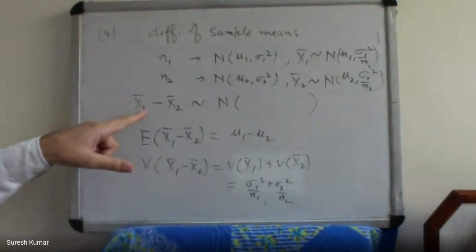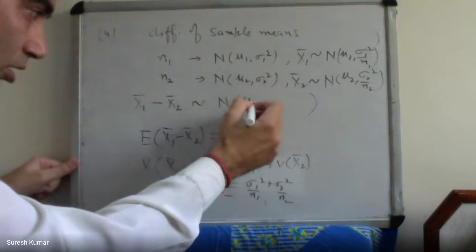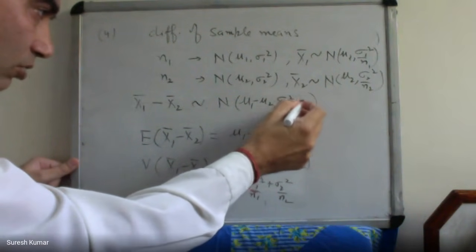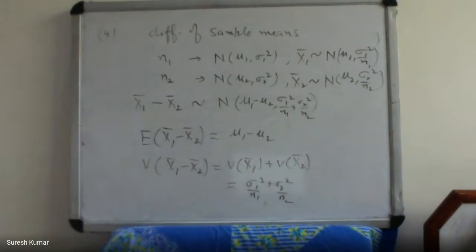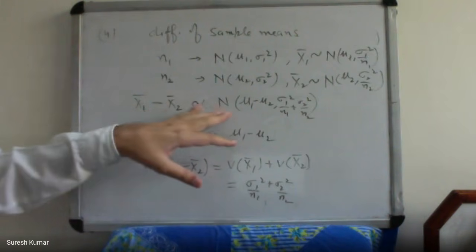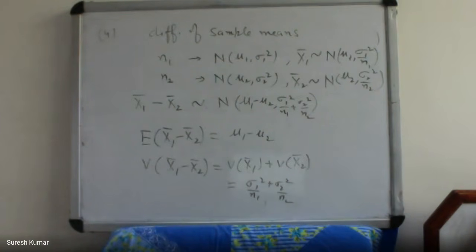So x1 bar minus x2 bar follows normal distribution with mean mu1 minus mu2, and variance sigma 1 square over n1 plus sigma 2 square over n2. The difference of the sample means follows a normal distribution with mean mu1 minus mu2, variance sigma 1 square over n1 plus sigma 2 square over n2.